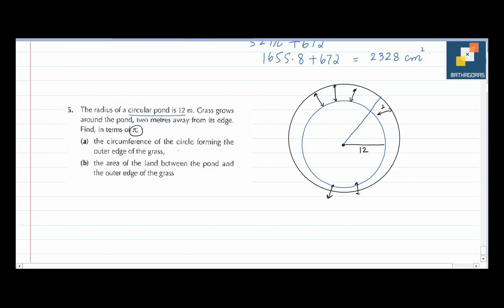Now look closely. From the center till the inner circle, you have a radius of 12 as mentioned, and this extra portion has 2 meters. That means from the center till the outer circumference, the radius is 14, and you need to find out the circumference.